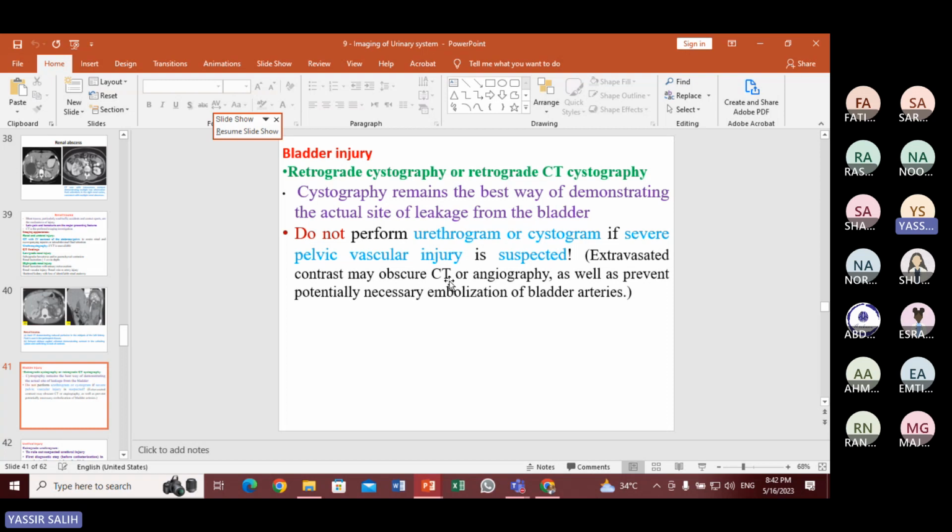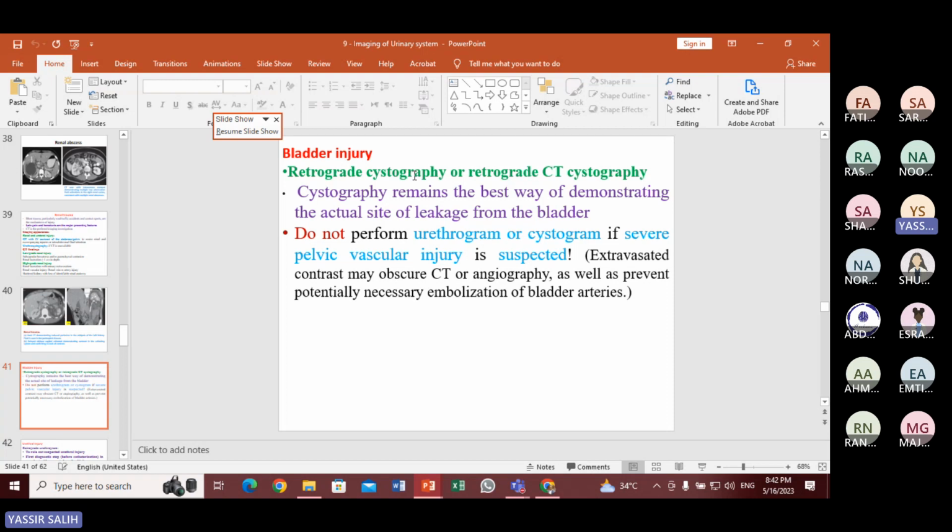Yes, we fill the urinary bladder with contrast, and we can do it with CT or conventional cystography. The important thing is that there is contrast in the urinary bladder. So cystography by CT or conventional X-ray is the best way for demonstration of leakage from the bladder.